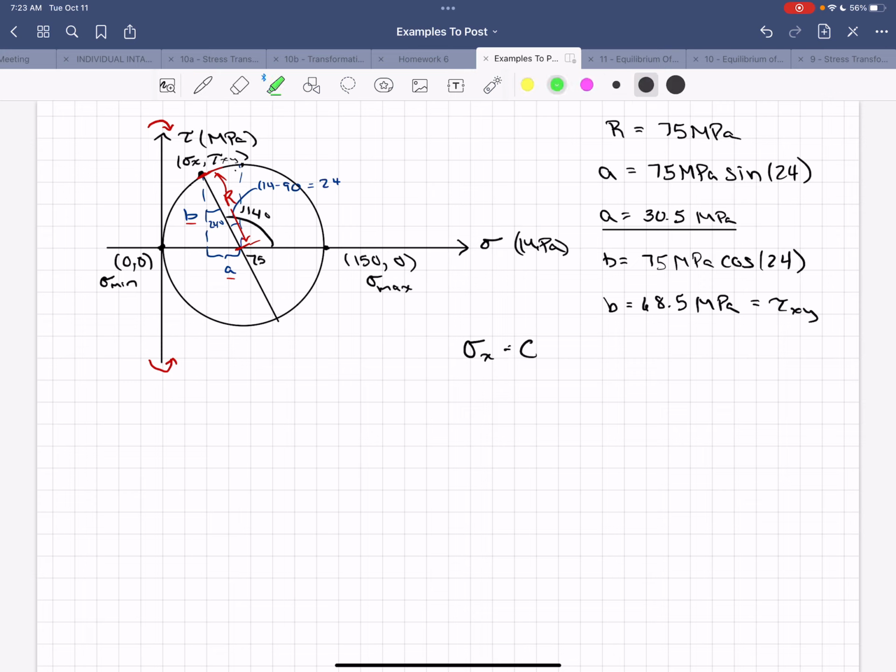So we go from that point, center, minus A. So we get sigma x equals 75 minus 30.5, those are both megapascals. We get 44.5 megapascals. Perfect. And that is our sigma x.